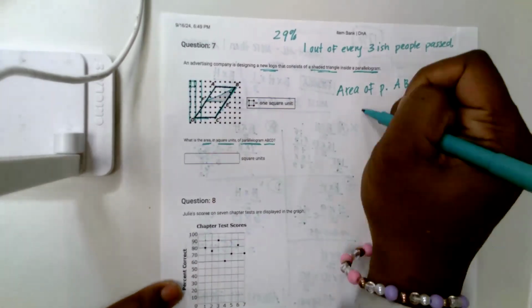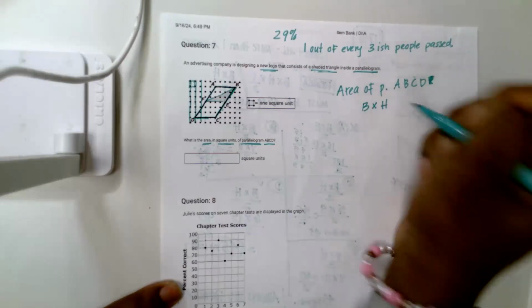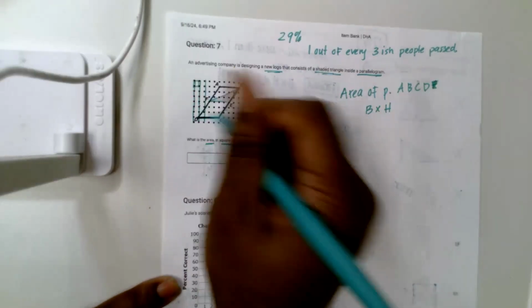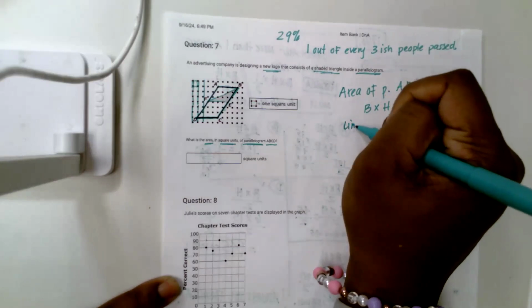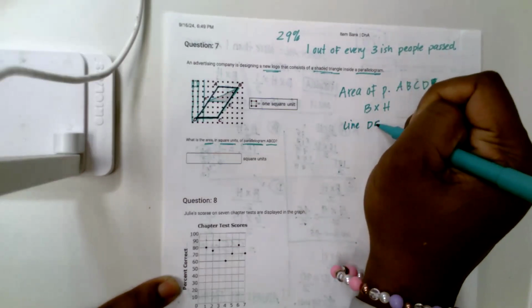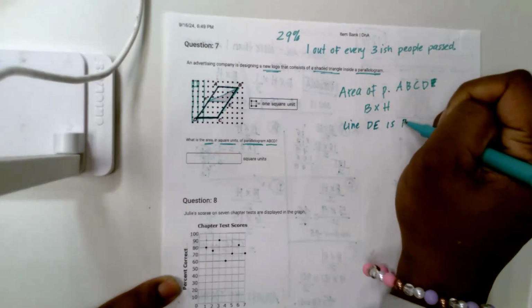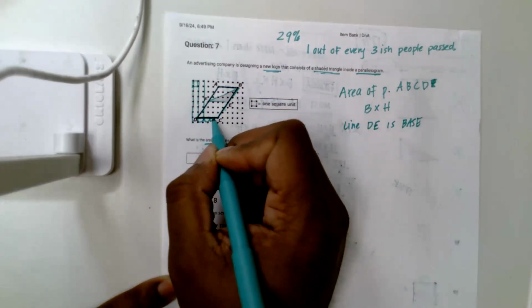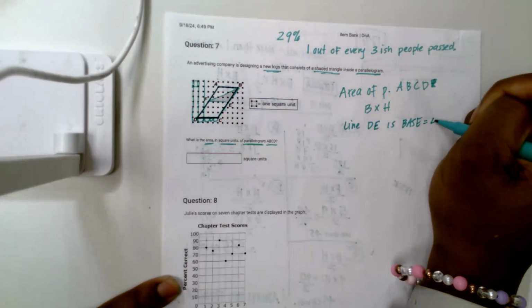So now area of a parallelogram is base times height. So it looks like I have to find a base and I have to find a perpendicular line connecting my base to my height. Well, the only base I see is line DE, right? So line DE is the base. And 1, 2, 3, 4. My base is 4 units.